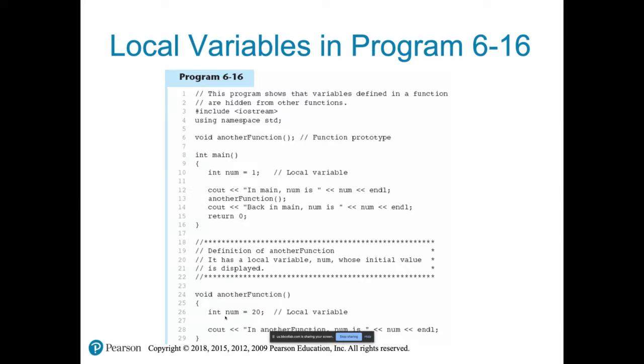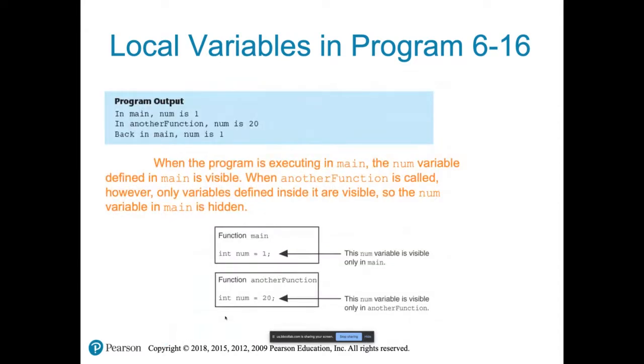Sometimes when you try to use that variable, the compiler might hiccup saying this variable has not been initialized, because you haven't. So local variables are not initialized by default. And this is just showing you that the functions can both have the same name.